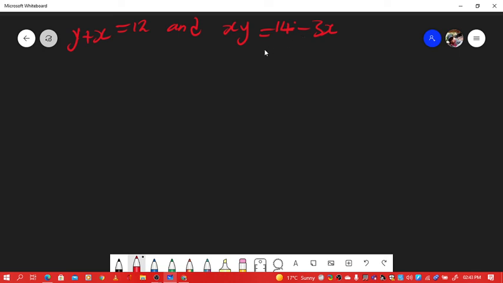So this is our equation. Firstly, I'm going to get rid of my y by rewriting this equation in the form of y. So y would be equal to 12 minus x. Then I take this and substitute it into this equation.